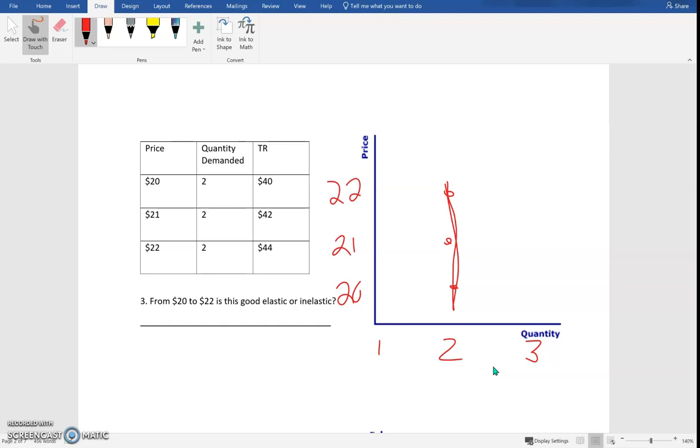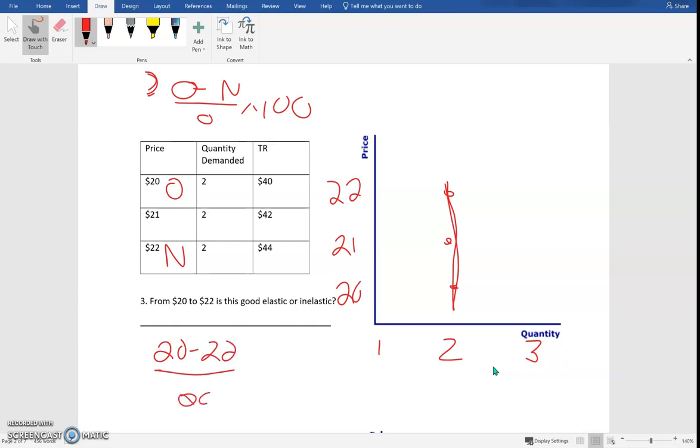Good job, me. Now, my formula is original, that's an O, minus new over original times 100. And I'm looking from 20, so that makes 20 my original, and 22 my new. So price 20 minus 22 over 20 times 100.